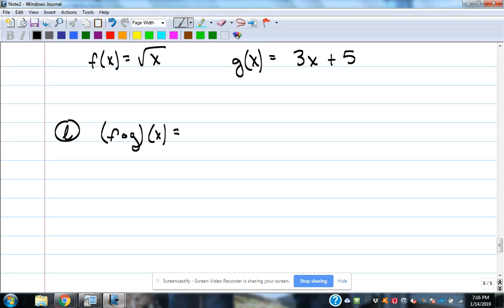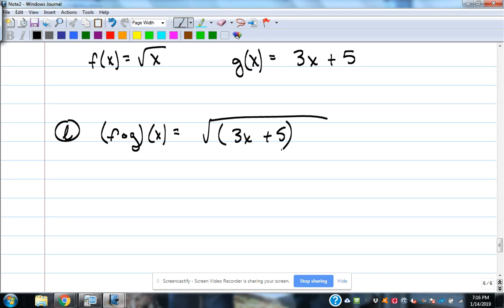What does that mean to do? Not multiplying. We're plugging in. Which one goes into the other? 3x plus 5 goes into the square root of x. So this is going to be square root of 3x plus 5.